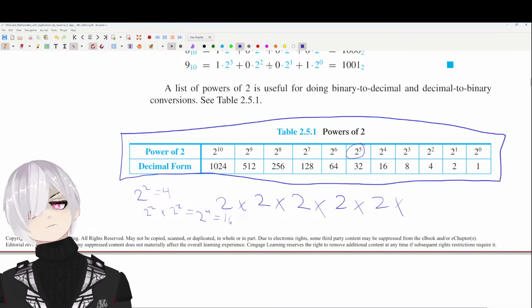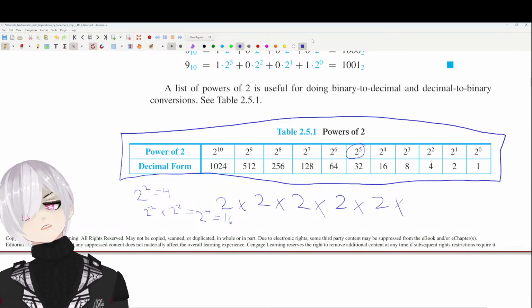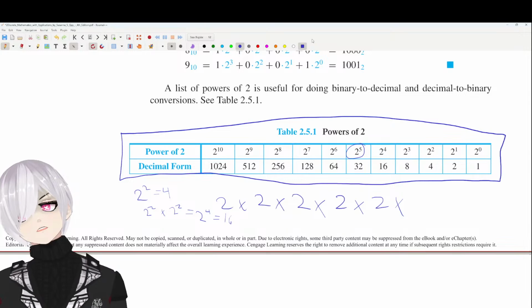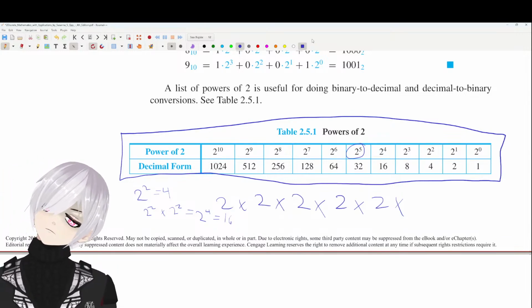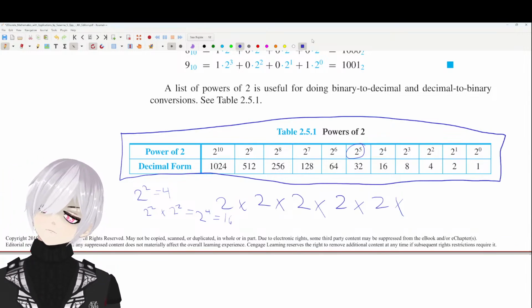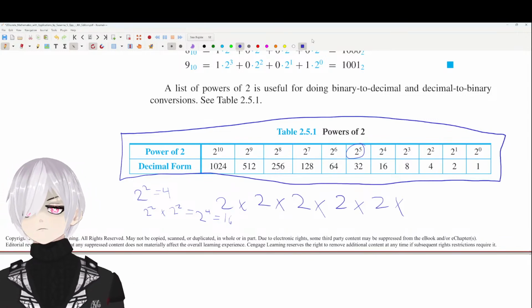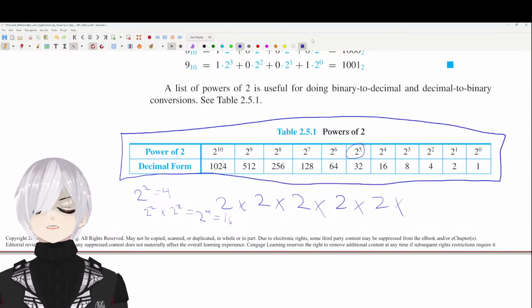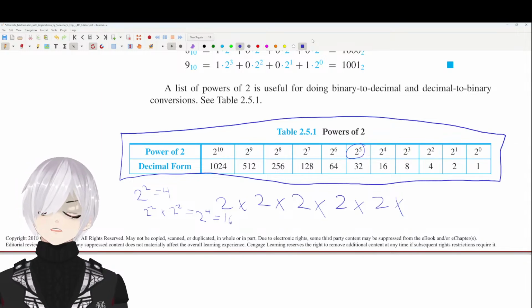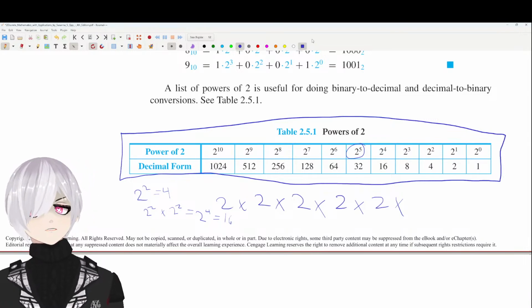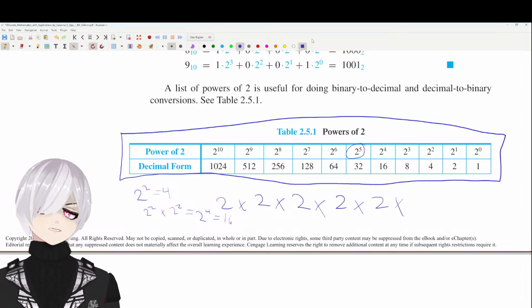Right, and that could be helpful. If you didn't know what 2 to the 10th was, I guess you could do 32 times 32, but that's kind of hard to do. You could do that with a calculator, I guess. But 32 times 32 is hard to do in one's head. The point is, if you multiply them together, you add the exponents, right?